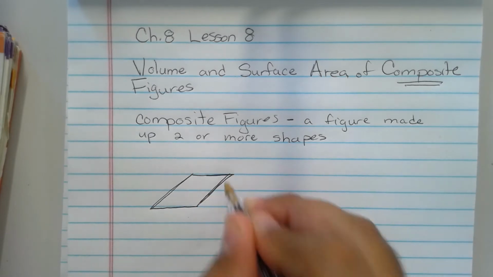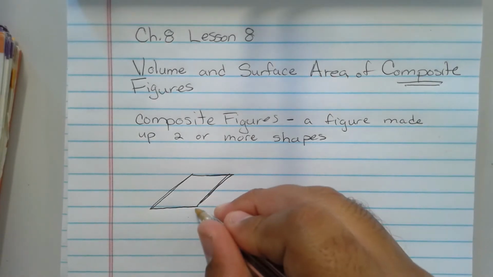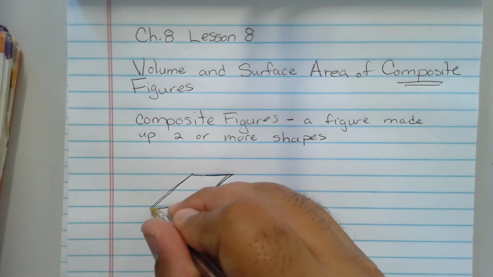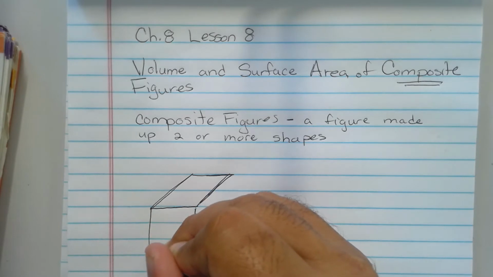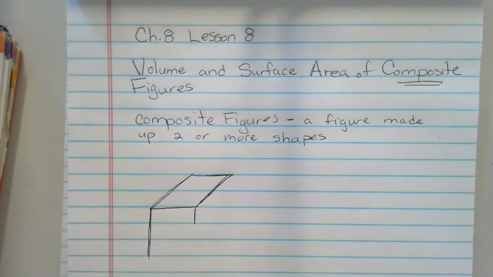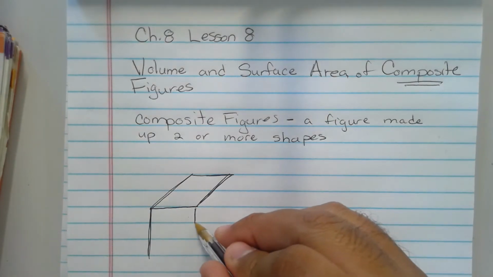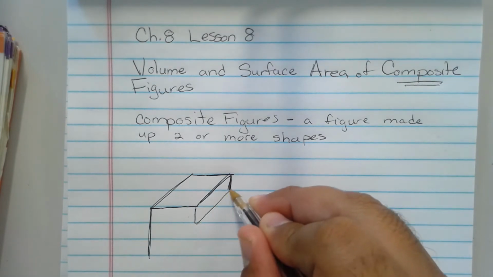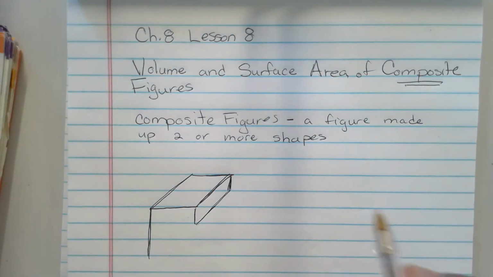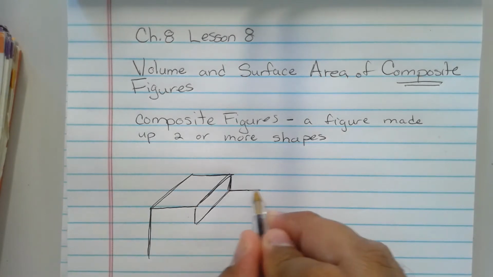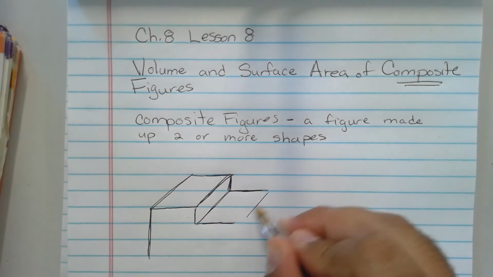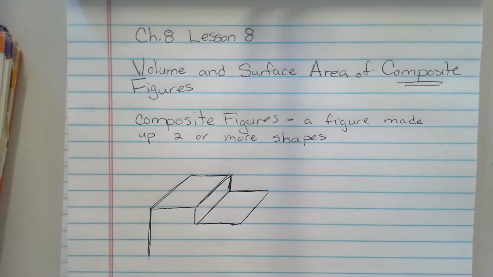Alright, this is a parallelogram. Notice what I'm going to do. I'll come down one here, and I'll go down three here. I'm doing a different type of shape. I'll go down one here, go over one, and go over a little bit this way, and here I'll make another parallelogram.